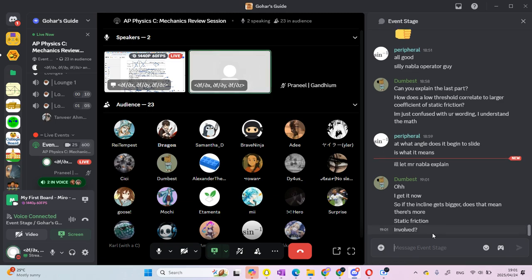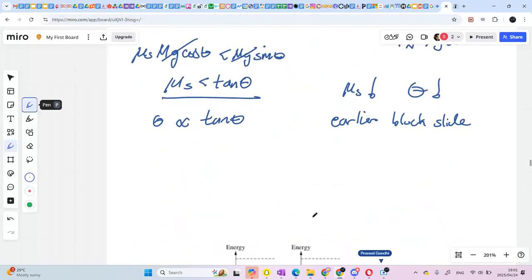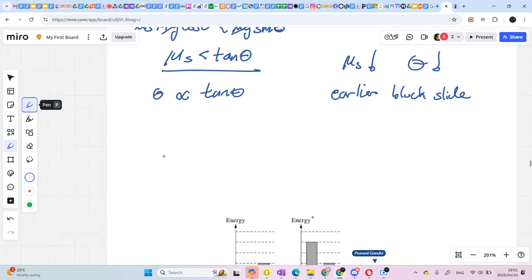Yes, before we get to that threshold, the greater the incline gets, the more static friction there is. The higher the incline is, the greater the component of gravity parallel to the incline.